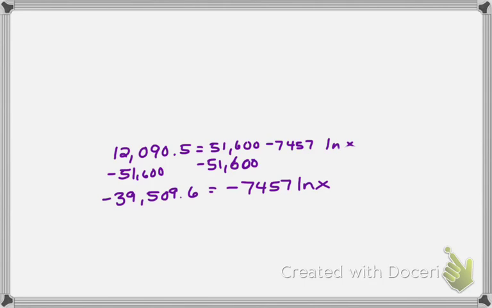Then what would you do next? Divide. So divide out negative 7,457. So negative 7,457. Oops.